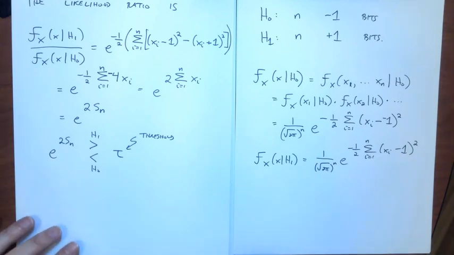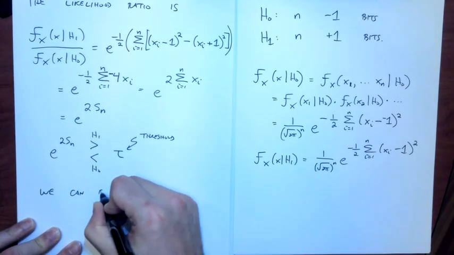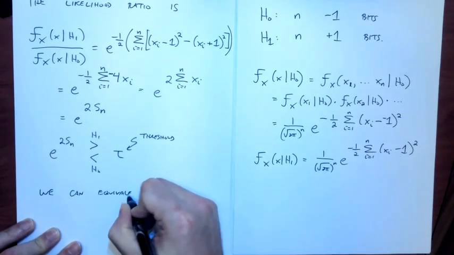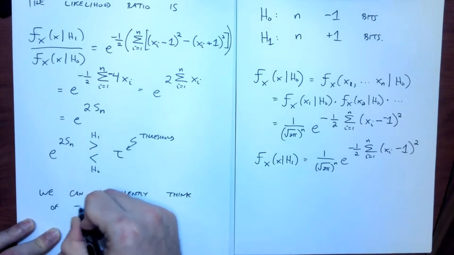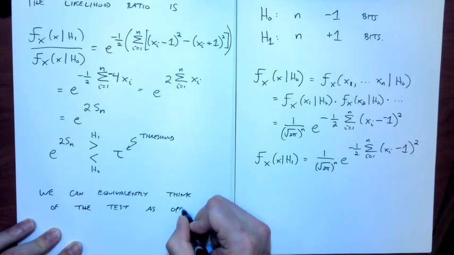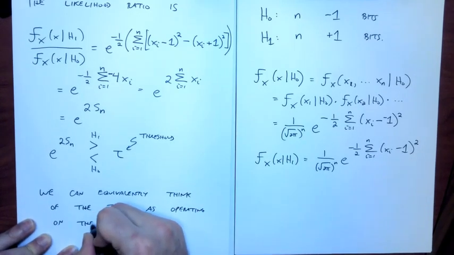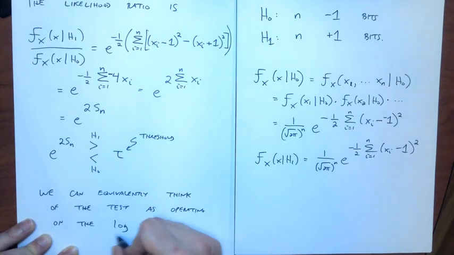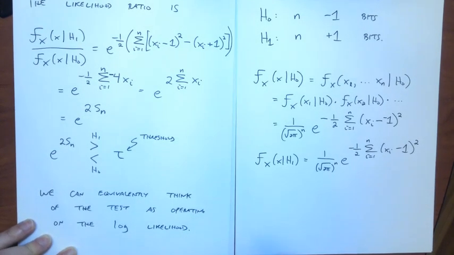So we can equivalently think of the test as operating on the natural log of the likelihood, to get rid of all the e to the whatevers, right?